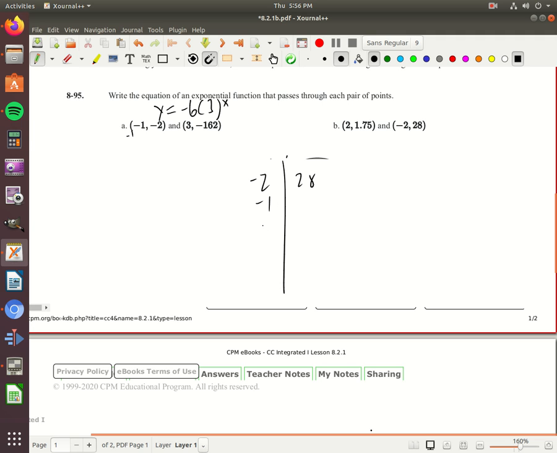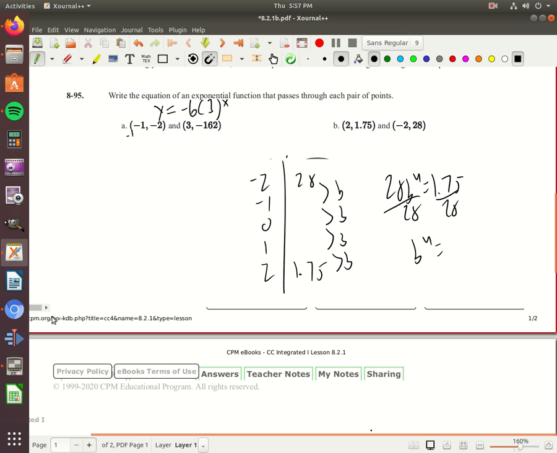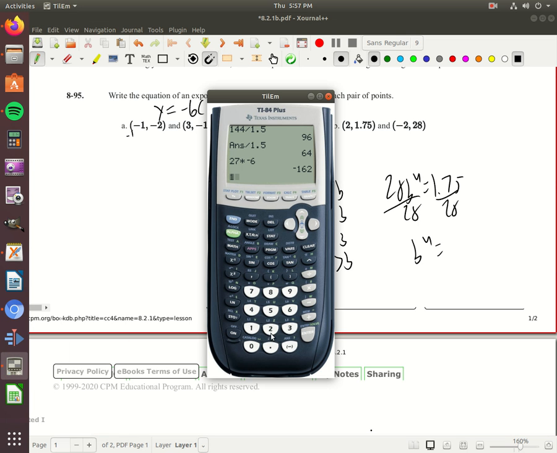I don't know what -1 is. I don't know what 0 is. I don't know what 1 is, but I know that 2 is 1.75. I have 1 b, 2 b's, 3 b's, 4 b's, right? So 28 b to the fourth equals 1.75. I'll divide by 28. b to the fourth equals 1.75 divided by 28.